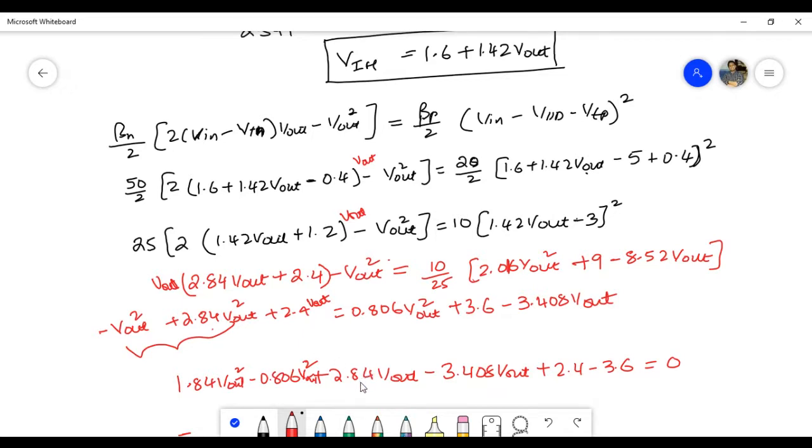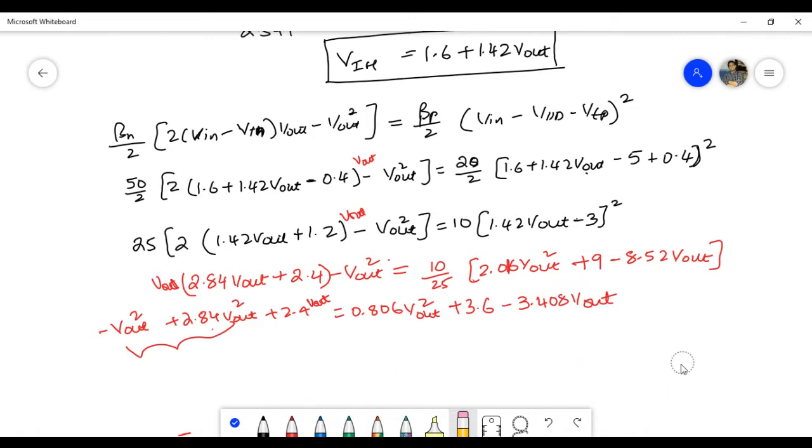Why is it 84 here? Let us correct this whole thing properly so we don't confuse ourselves. It will be 1.84 V out square minus 0.86 V out square.